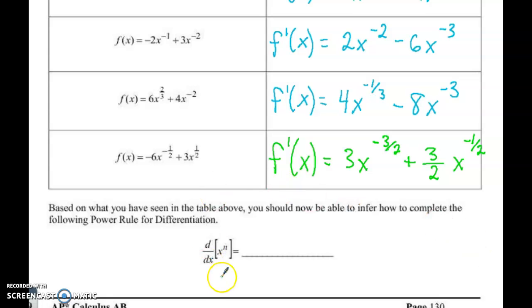So here's where we're going to go with this. What can we infer is the derivative with respect to x? This is just the notation that we use, and it's actually called Leibniz notation. So the derivative with respect to x of x to the n power, you move the n in front times x to the n minus 1 power.